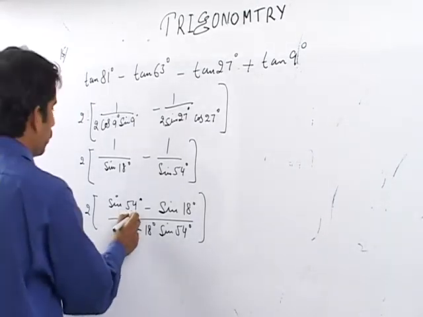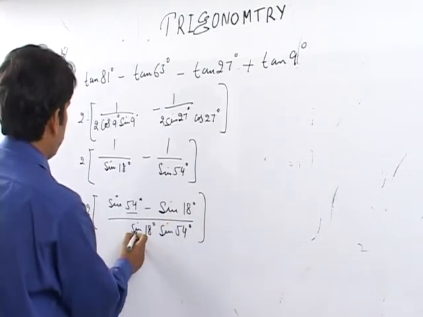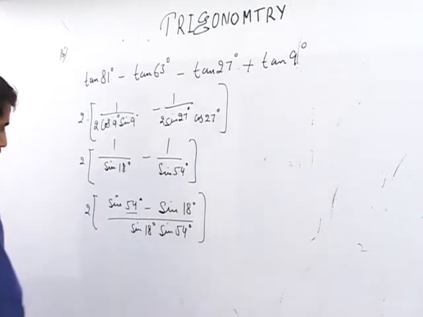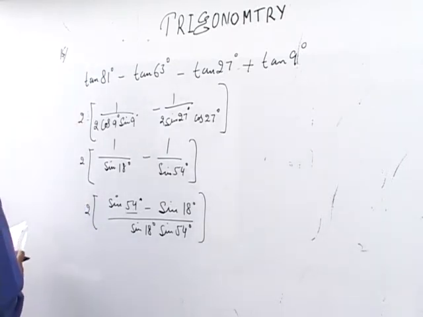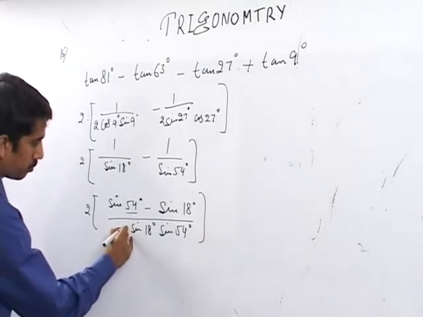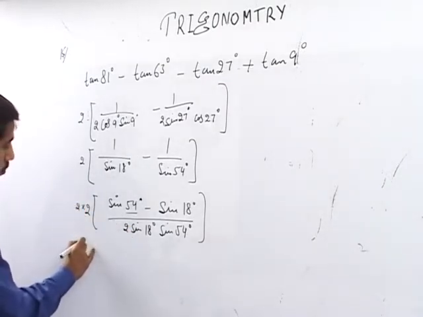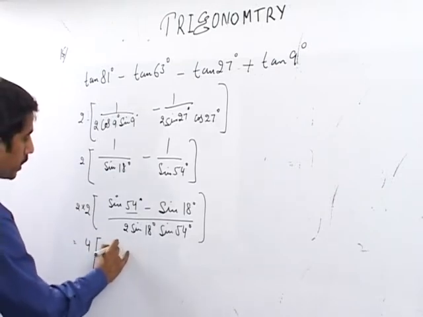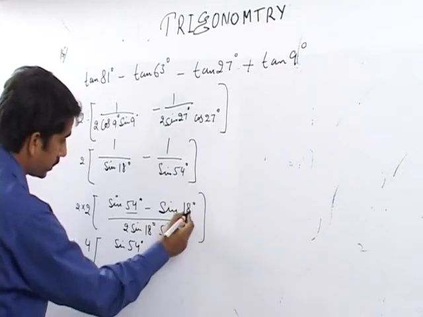Now just before that, multiply 2 here and 2 here, so you will get 4 of sin of 54 degree minus sin 18 degree over 2 sin 18 degree sin of 54 degree.